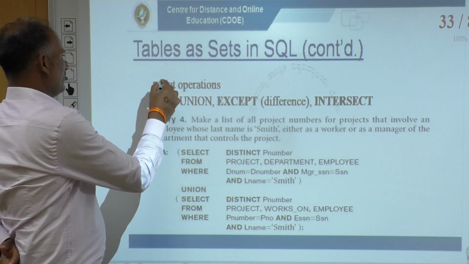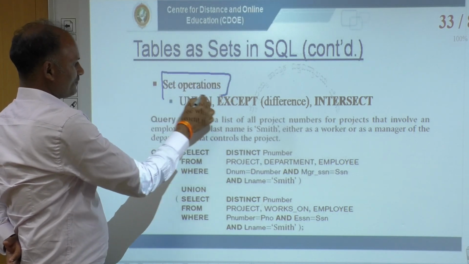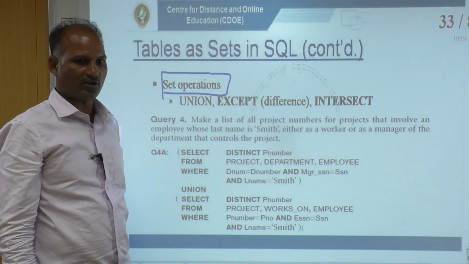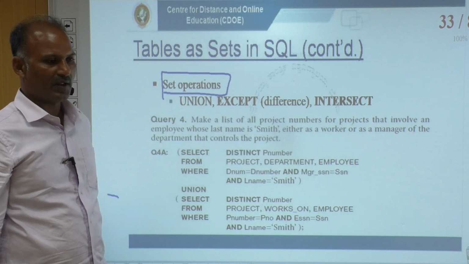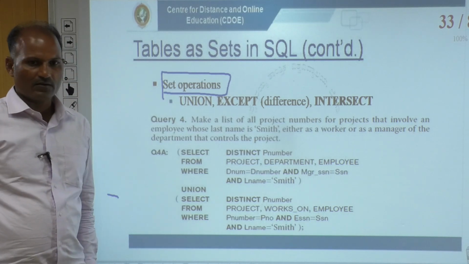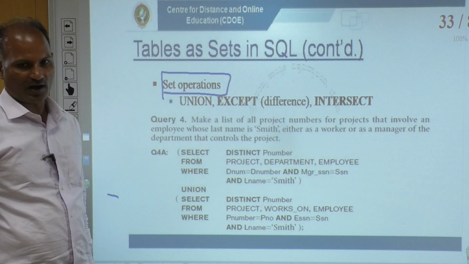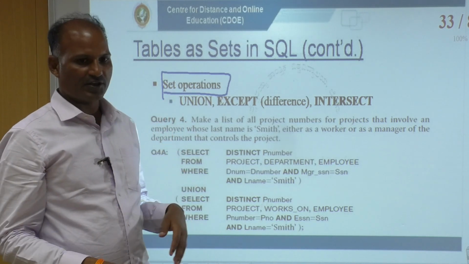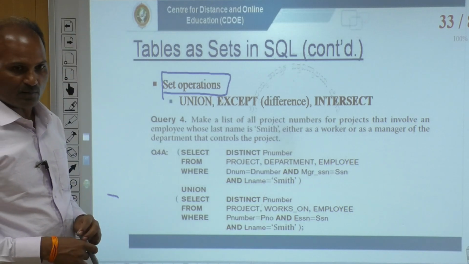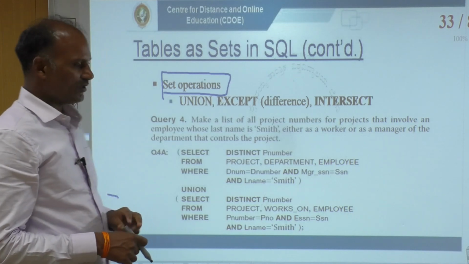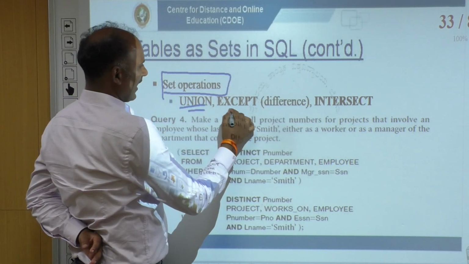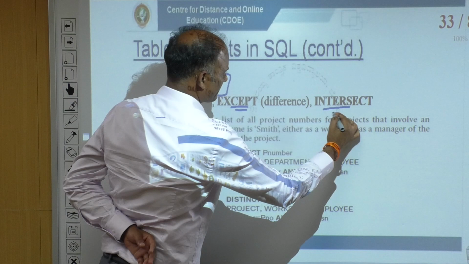Now we can perform some set operations. We are going to perform operations on a set, or a set of element data, that has been returned from more than one table. The set operations used in SQL are union, except and intersect.